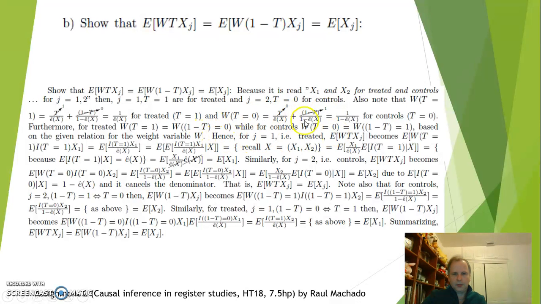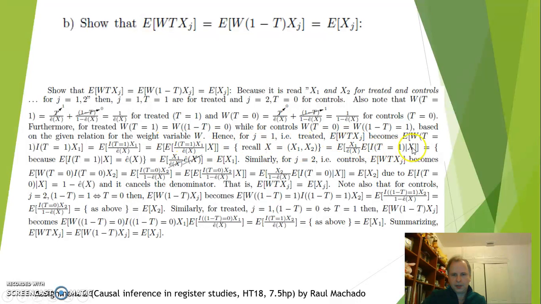Now the original equation becomes this, and we do it for the treated first, step by step. Put the treated here, then you get the indicator here, and then you get the part for the treated, and of course the double expectation. Recall that X depends on x1, x2, so you take out everything you know from the conditional expectation.